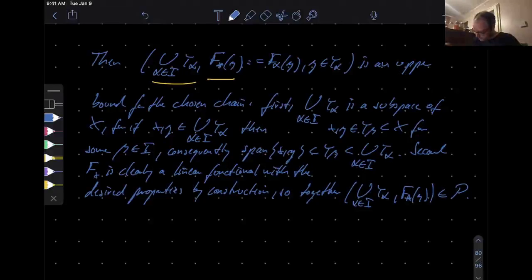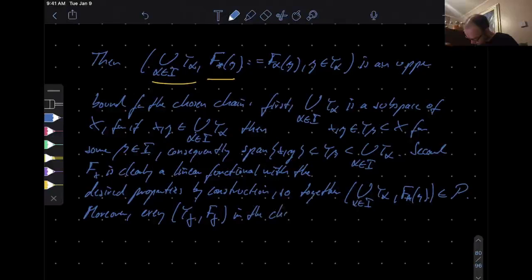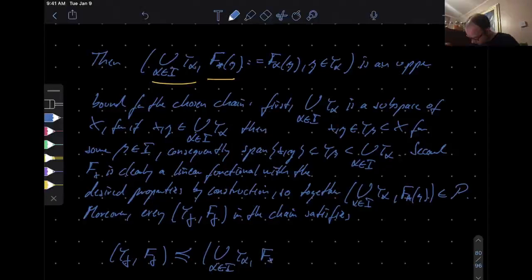Moreover, every y gamma, f gamma in the chain satisfies, well, it should be less than or equal to, meaning this order relation, the union of the y alpha, f star.